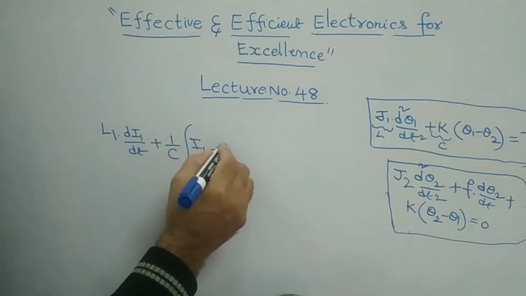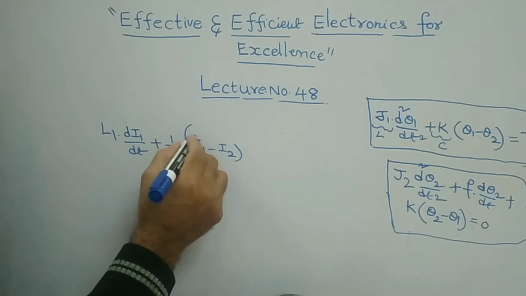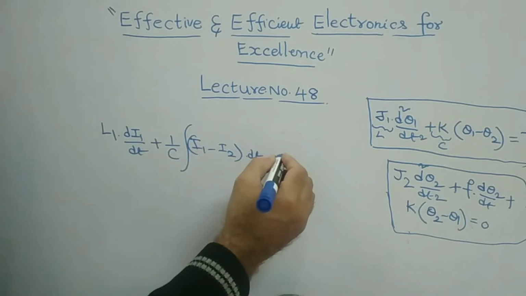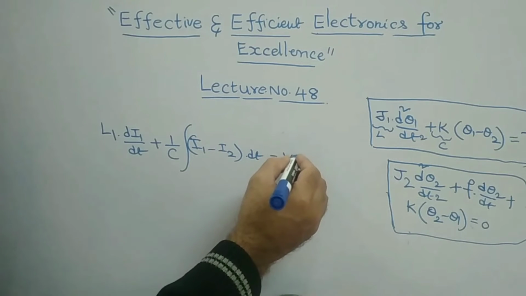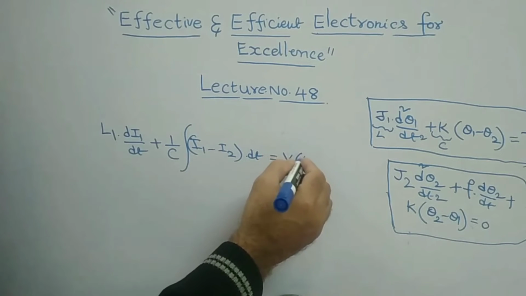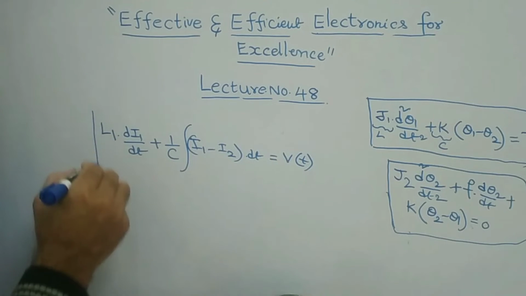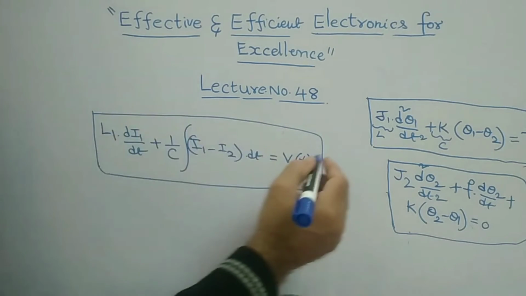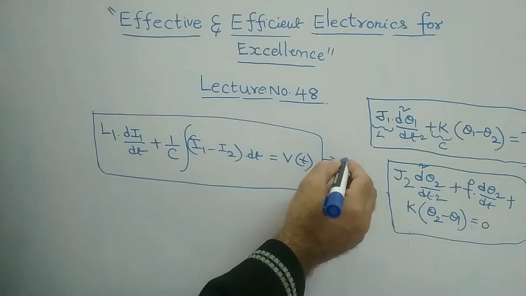I1 minus I2 into dt, plus what is your torque? Torque is equal to V of t. So this is your third equation using our torque voltage analysis.